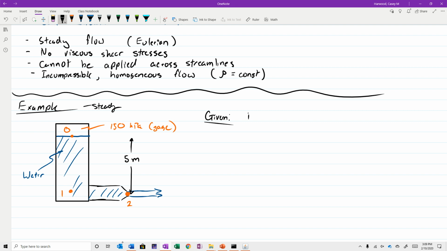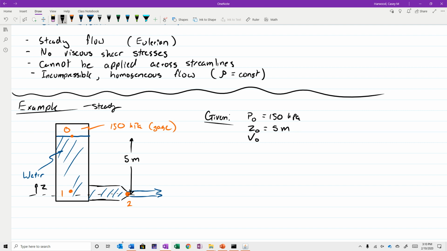We know that P naught is equal to 150 kPa, and we know that z naught here is equal to 5 meters. We can say 5 meters here because it doesn't matter where you call z equals 0. For convenience, we're going to say that z equals 0 passes right through the center line of this exit pipe, so z is measured upward from there.